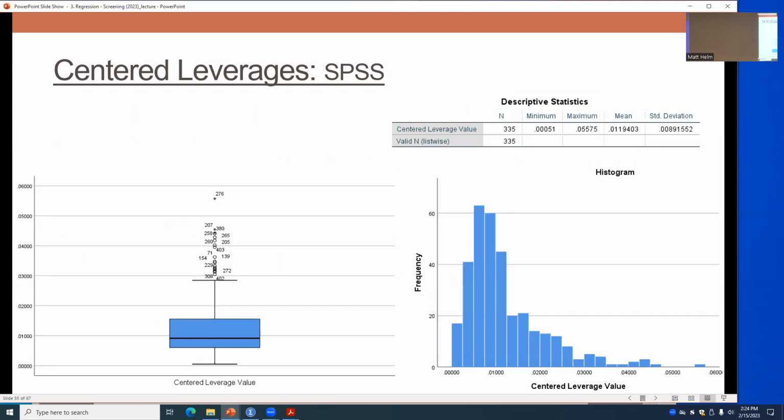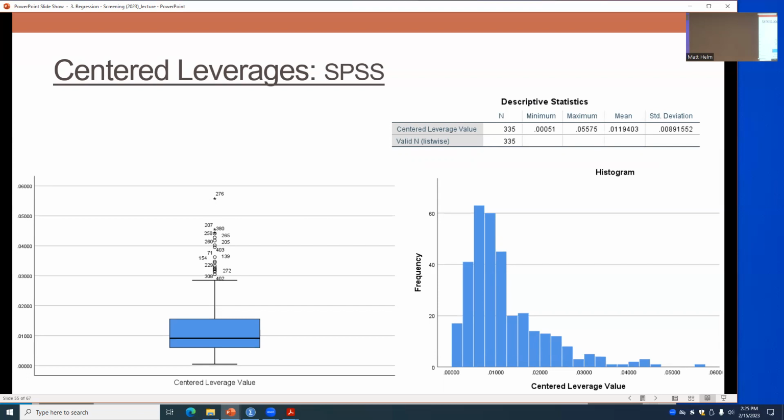If I just look at this box plot and identify anything above 1.5 times the quartile range as problematic, then I've got a whole lot of stuff up here to deal with. But looking at this, we've got kind of a continuous set of values going out, and we've got someone hanging out there, case 276, who is very clearly strange. We need to go through and figure things out.